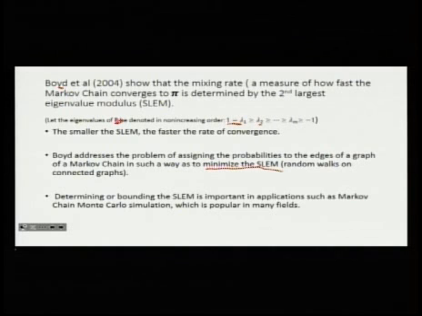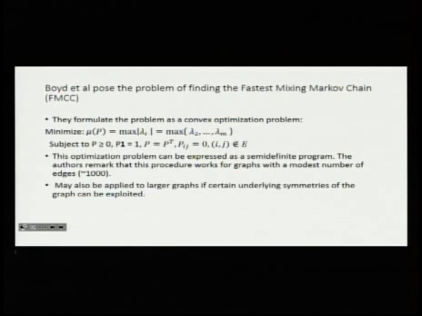And why on earth would you want to do this? Well, it turns out that the mixing rate is important for some applications, like Markov chain Monte Carlo, which is used in simulation techniques. And so you want to be able to find or bound this mixing time, which is related to our Kemeny constant.